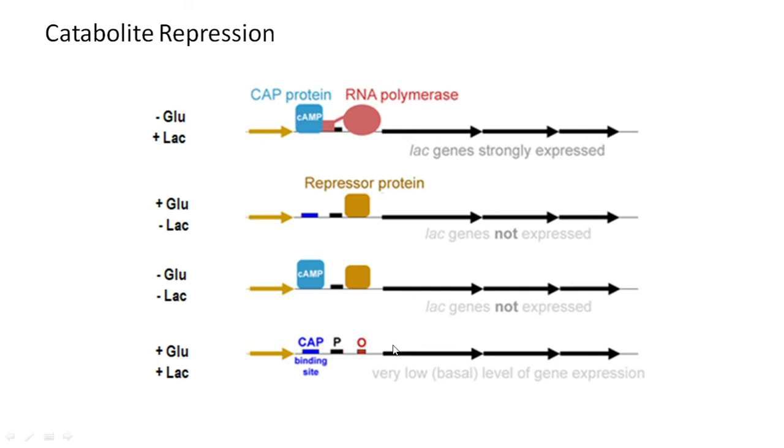There is no blockage, but because the CAP-cAMP complex is not being formed because of the decrease in concentration of cAMP, the transcription will not occur. It will occur at a very basic level, the level at which RNA polymerase can synthesize without the CAP-cAMP complex, which is only 2% of the total.